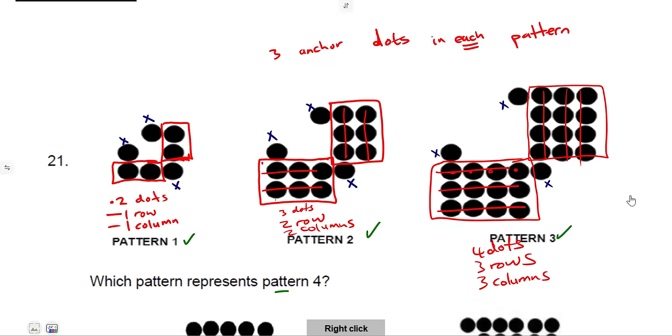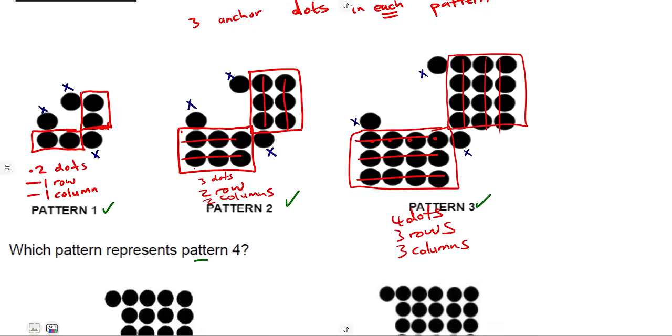So if we look into this, guys, it was going to be a continuation. For pattern number 4, if we consider that pattern 4, the number of dots which lie in the rows and columns are supposed to be 5, because they are increasing. 2, 3, 4, now they are 5.